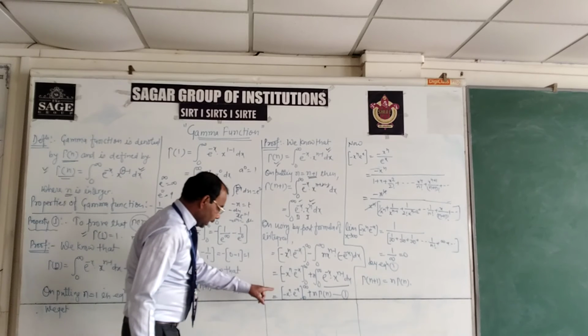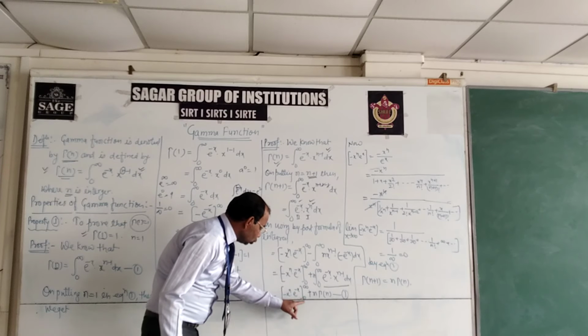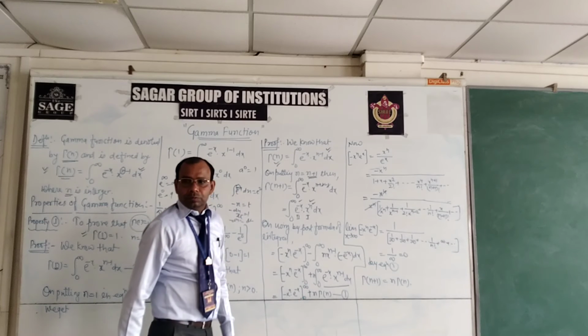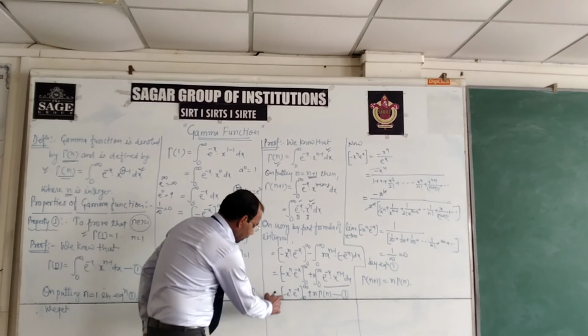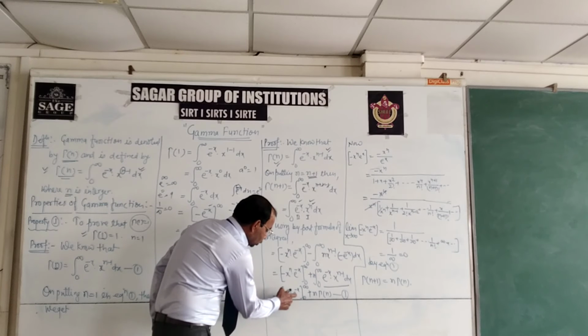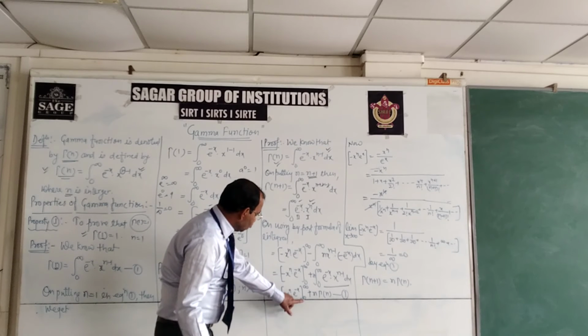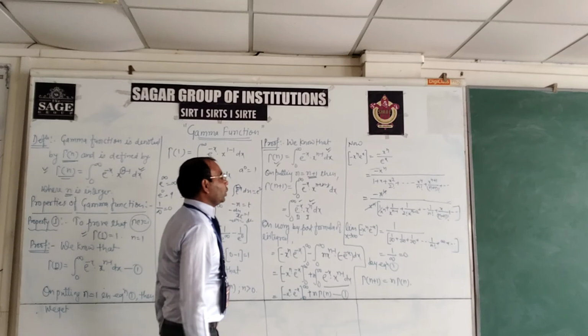So first we prove that minus x to the power n e to the power minus x from 0 to infinity is equal to 0. If we put the limit x tends to 0, this will also be 0. So 0 is not that important; the important term is infinity.